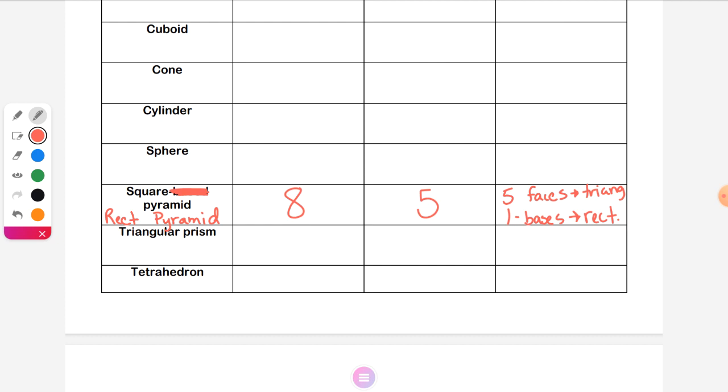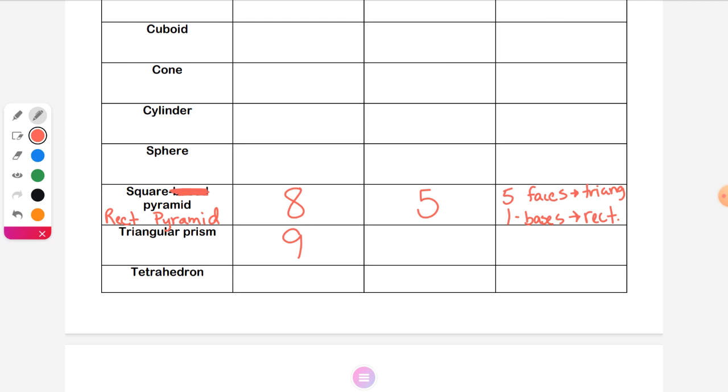So, triangular prism. How many edges? Reese? 9. 3 around each base. So 1, 2, 3. And then down the sides, connecting the bases, there's 3. Vertices. How many points on there, Lori? 2.